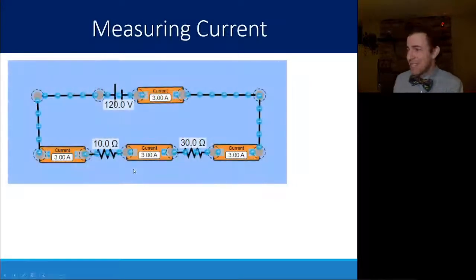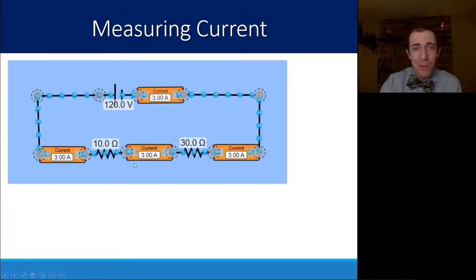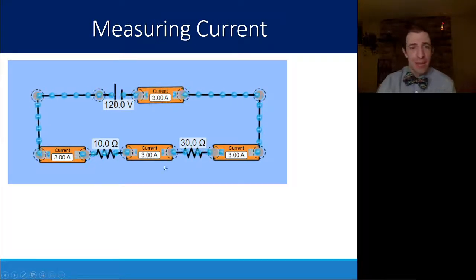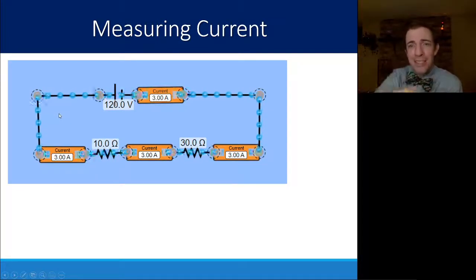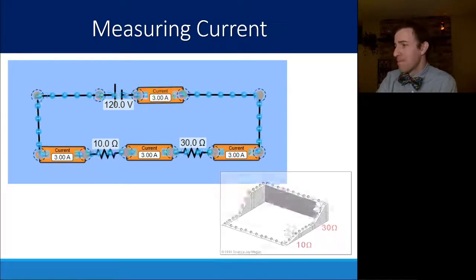To see this in a simulation that we'll be using a little bit later, I have connected actually 4 different ammeters here. All of them are in series with these components. So we've got current of 3 amps, 3 amps, 3 amps, 3 amps. That also makes sense. We saw before that the current flowing through each component in a series circuit is always the same because there is no branch for that current to split up and get smaller or larger.